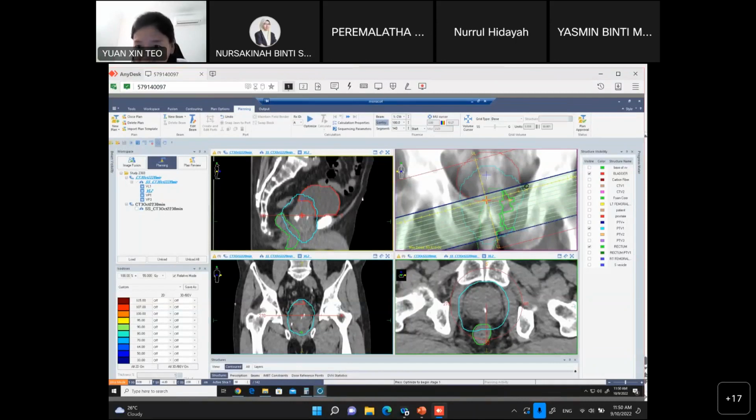This green line is my MLC, the multi-leaf collimator. This small segment. Okay, for remap, you see for this beam clockwise from 180 to another 180, for this beam I have a total of this many segments. You can see here how many segments.